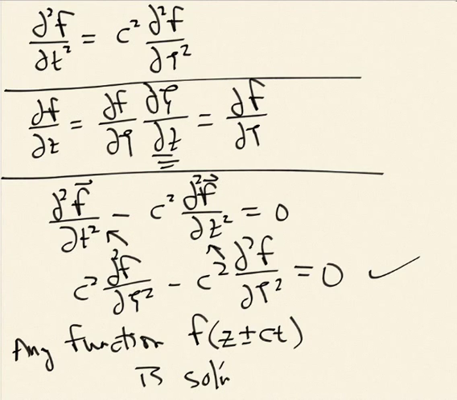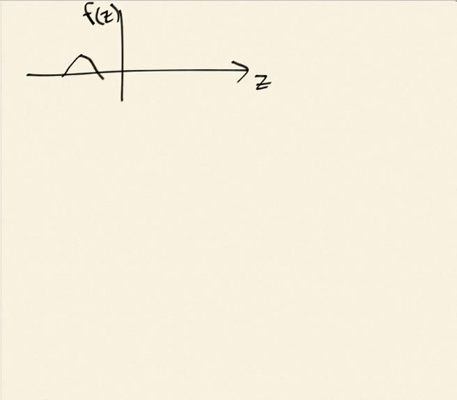And again, this is the same argument that we made in the case of waves on a string. Just to remind you what that means, it is basically a fixed pattern in space. If I were to plot z here, and here's my function f of z, I have a fixed pattern in space like this.